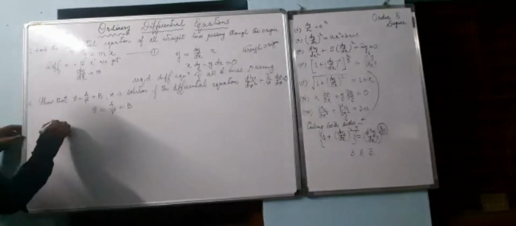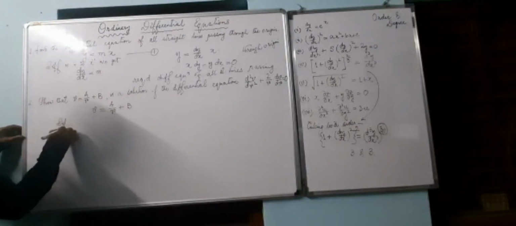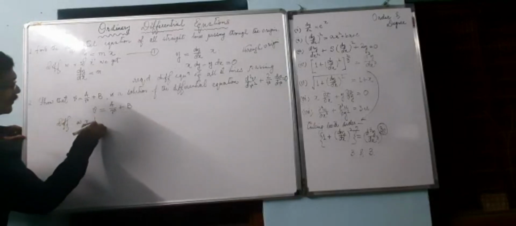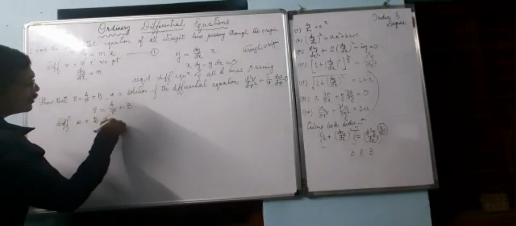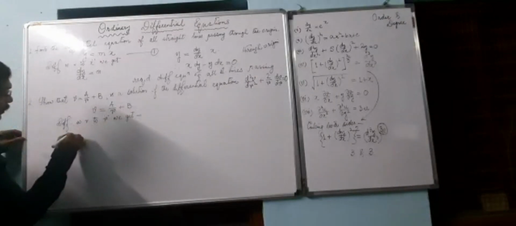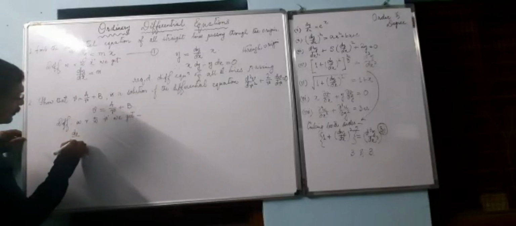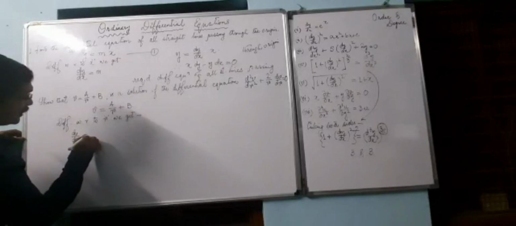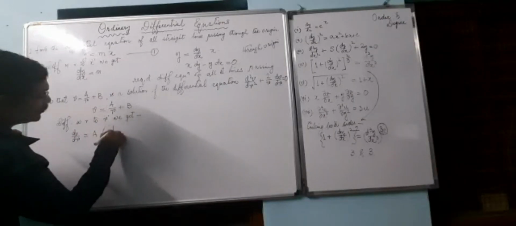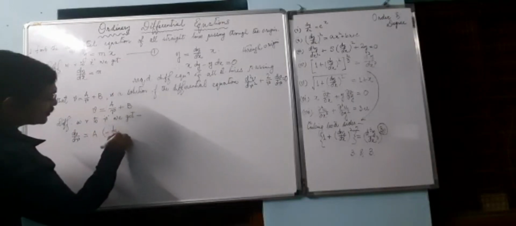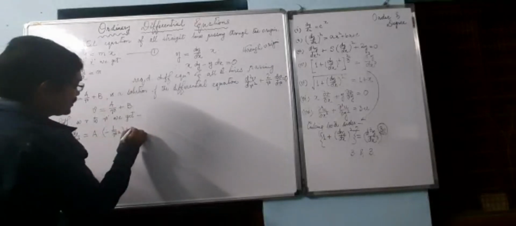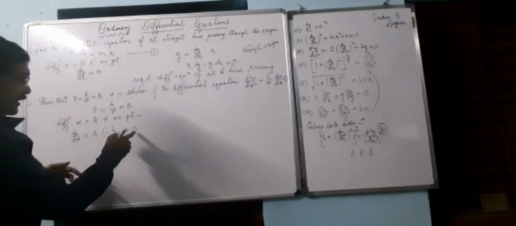Differentiating with respect to r, dV/dr equals a times minus 1 by r square, plus b, a constant, whose derivative is 0.